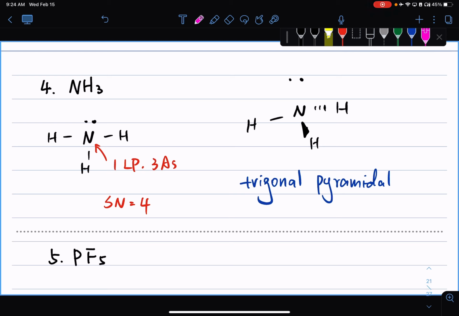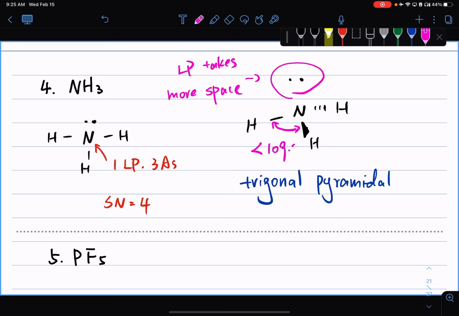And when you're labeling the bond angle here, normally we expect that bond angle to be around 109.5, but because the lone pair takes more space, the bond angle of that H and H bond is going to be smaller than 109.5 degrees.